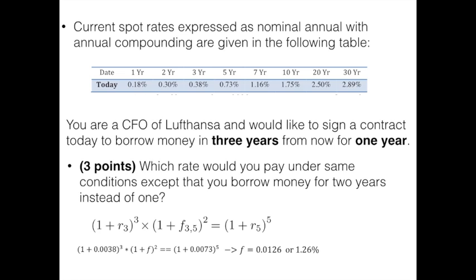That's it. Why am I insisting so much on this? Because companies use this all the time. Companies constantly sign contracts today to borrow money in the future. Think about Lufthansa's business. They don't want to gamble on what are going to be their future interest rates on the loans. And they know that in 6 months from now they will need a plane.